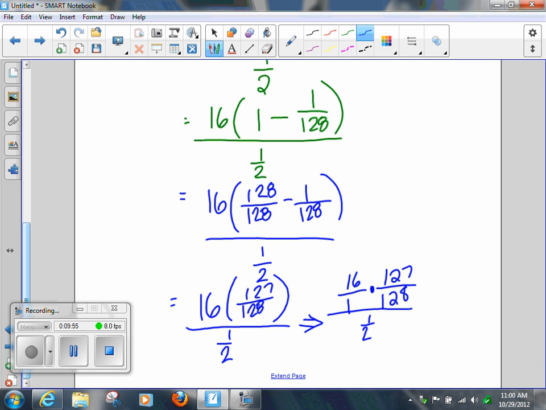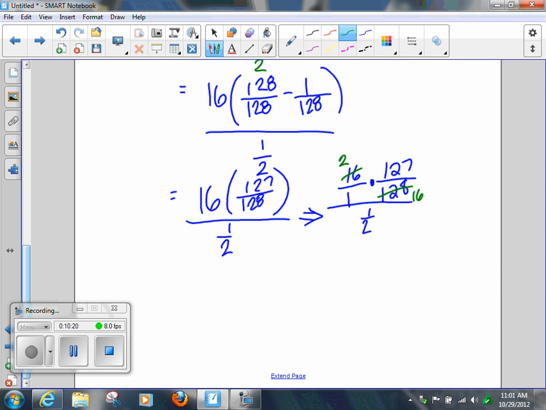And then I would pray that I could cross cancel my 16 and my 128. Will 16 divide into 128 evenly? I don't know. Pardon me? 8 will go into both of them. 8 goes into 16 2 times. 8 goes into 128 16 times.